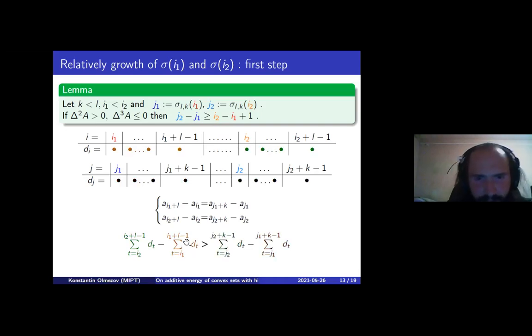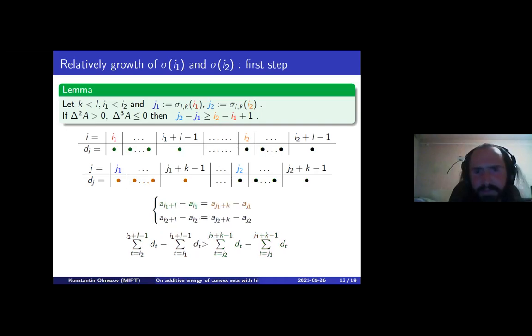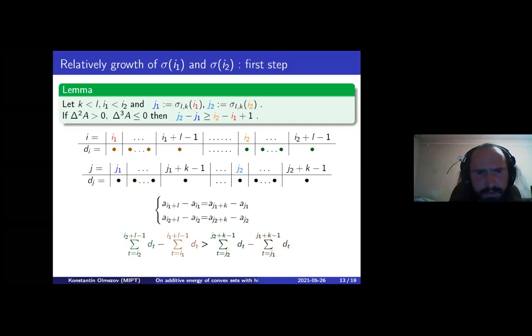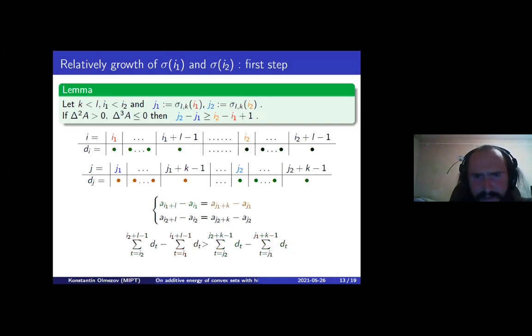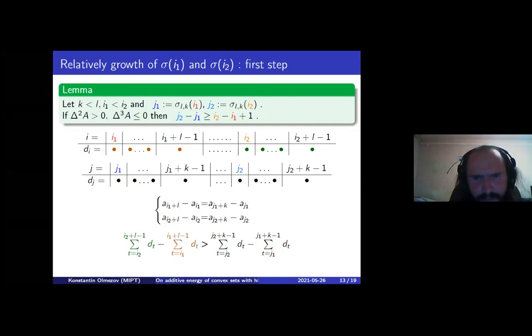So by rearranging terms from side to side, we can build an inequality that contradicts these equations. Here we have some horizontal inequality and vertical inequality.